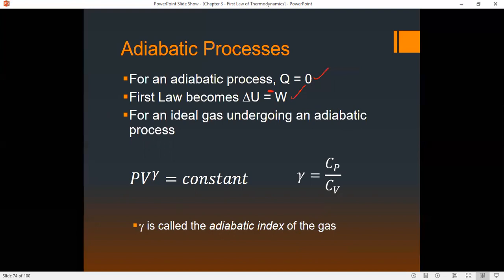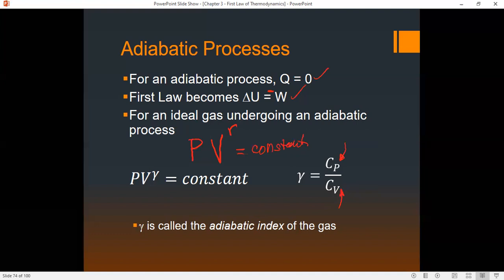For adiabatic processes, I'm going to rewrite this right here. P times V raised to the gamma power is going to be a fixed number. It's going to be a constant. Now, gamma represents the molar heat capacity at constant pressure divided by the molar heat capacity at constant volume.